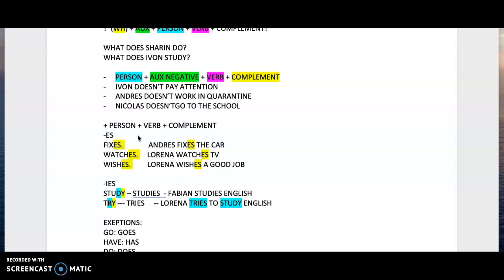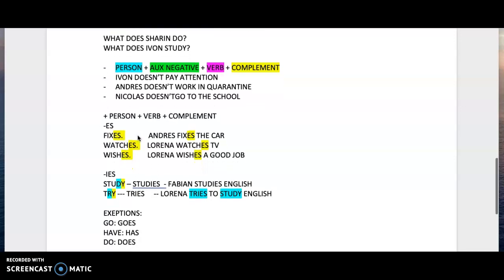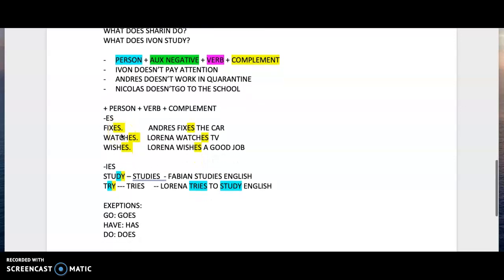Remember, when you don't have the auxiliary in the sentence, and when you're talking about one object or one person. Okay, so these are the rules. So rule number 1: the verbs ending with x, ch, and sh, you add es.